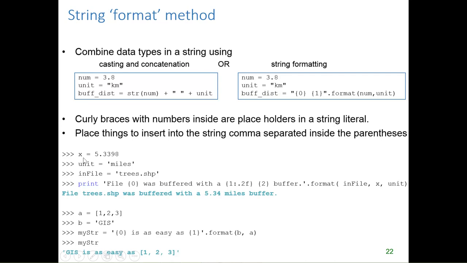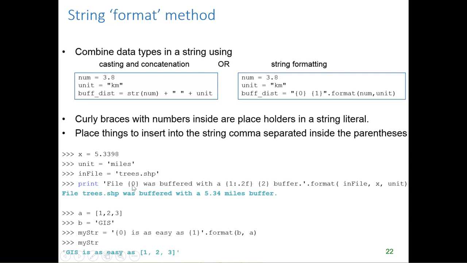So look at this example. X equals 5.3398. Unit equals miles. In file equals tree.shape. So we have two strings and a float that we want to use to make the sentence: file tree.shape was buffered with a 5.34 mile buffer. How do we do that?